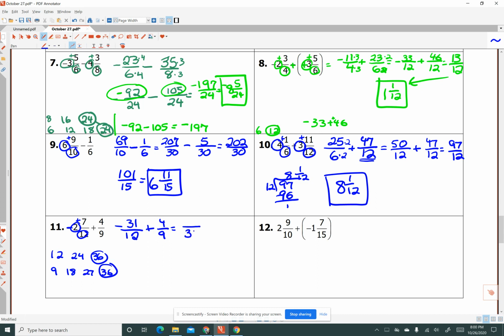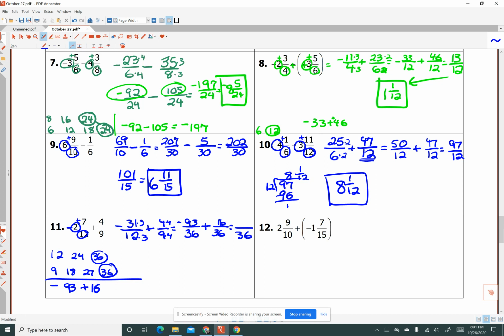So 12 times 3 is 36. 31 times 3 is 93, and that's a negative number. Can't forget that. Plus 9 times 4 is 36. 4 times 4 is 16. So negative 93 plus 16.